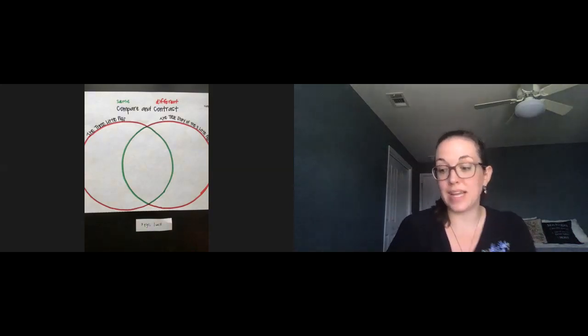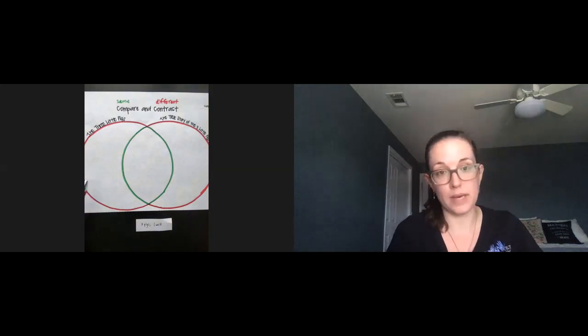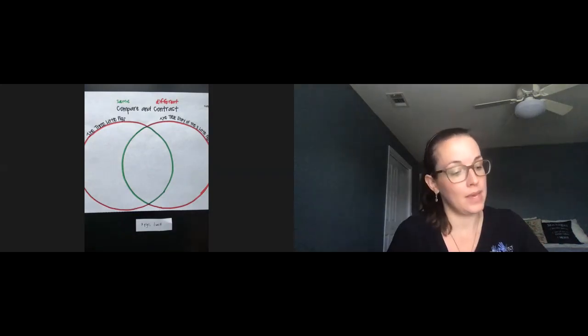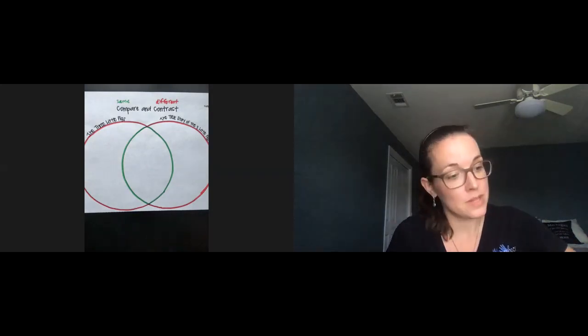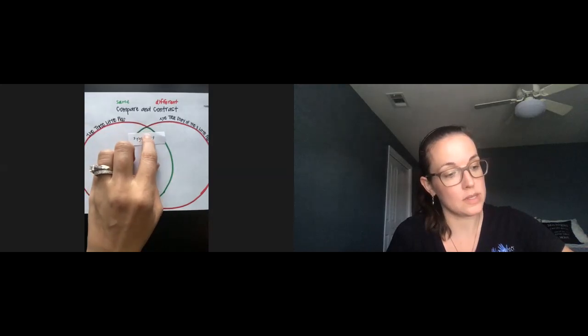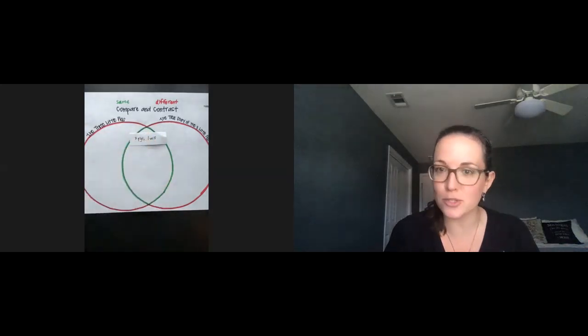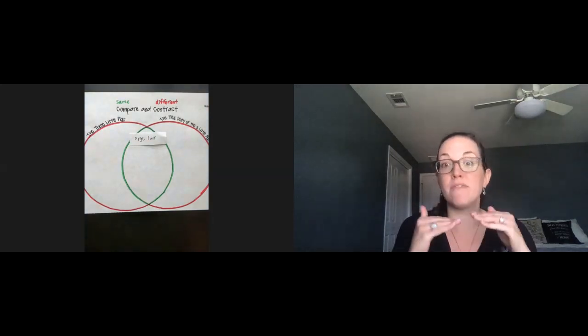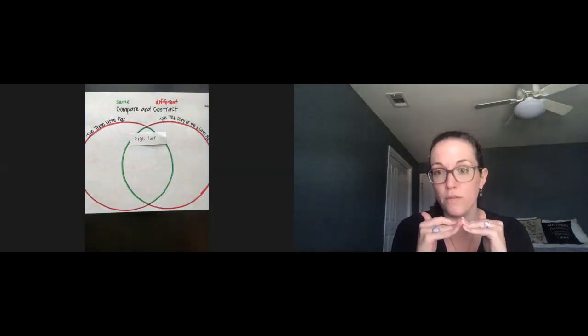Is that something that is only in The Three Little Pigs? Is that something that is only in the true story of The Three Little Pigs? Or is that something that's in both? It is in both. So that's why I wanted to talk about that one first. The characters are the same in both stories. So if we were going to say, how are these stories the same? We could say they have the same characters, three pigs and one wolf.